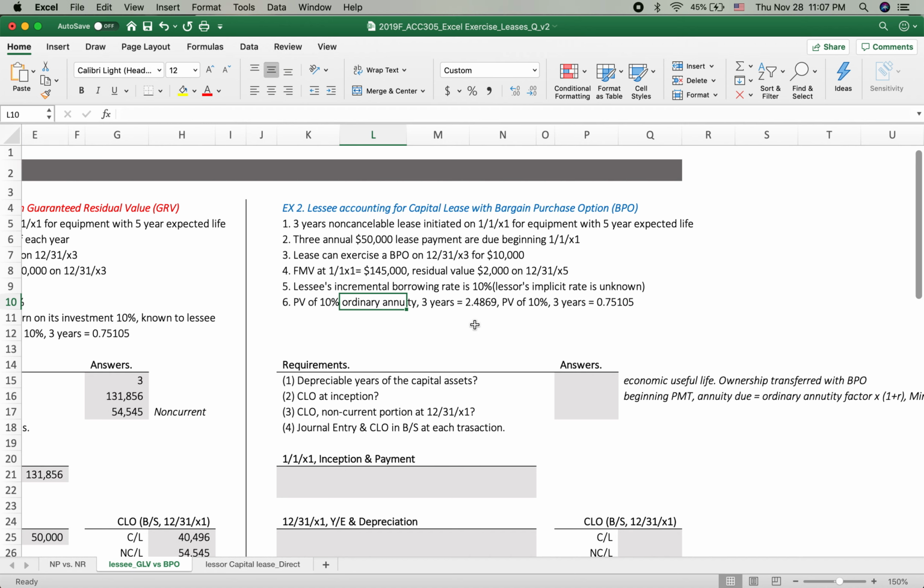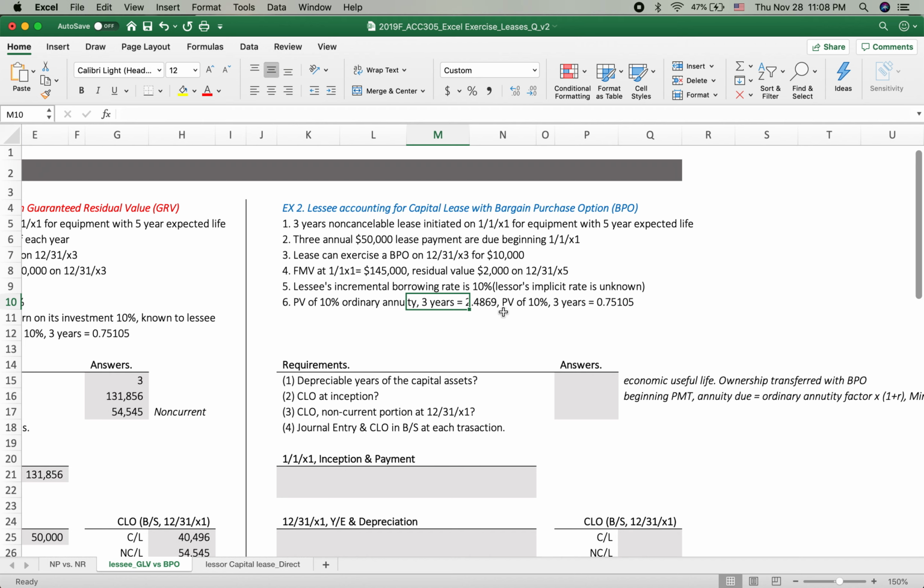That's right. In the ordinary annuity, the payment started at every end of the year for 3 years. But in this case, the lessee pays at the beginning of every year. So every future cash flow should be taken back by 1 year. So we multiply 1 plus the interest rate to this annuity factor.